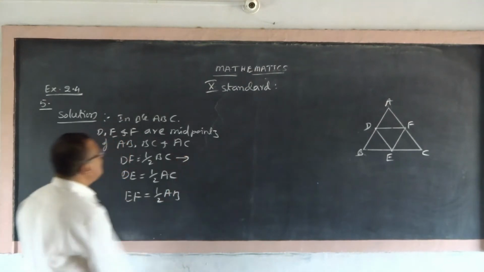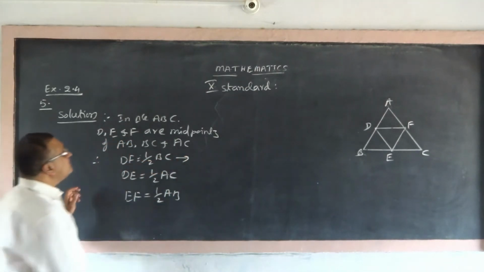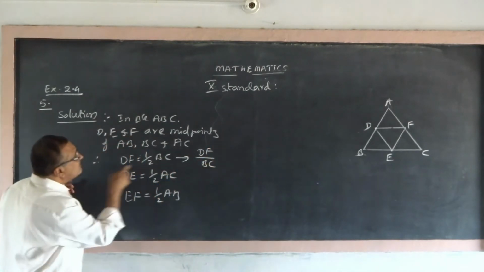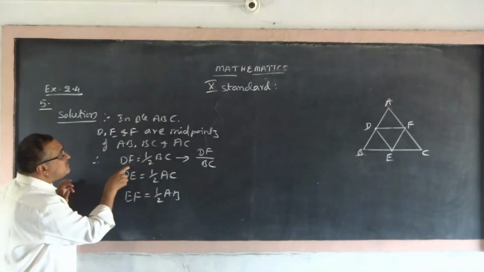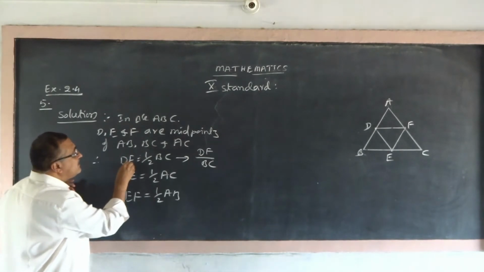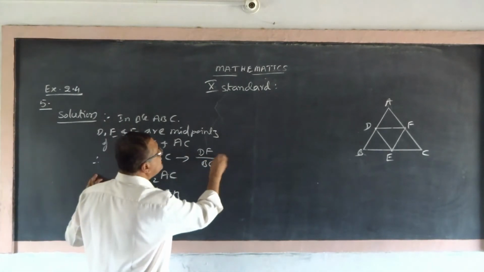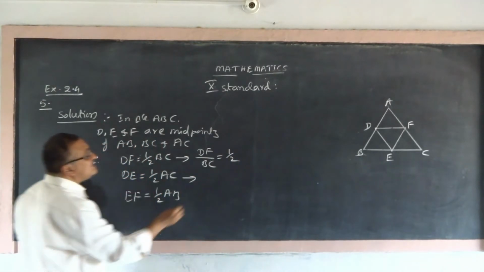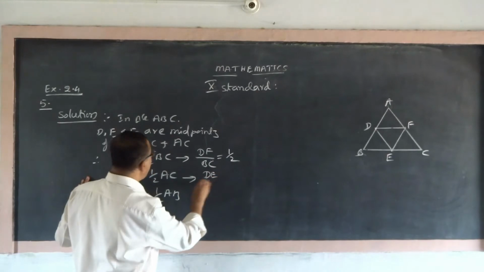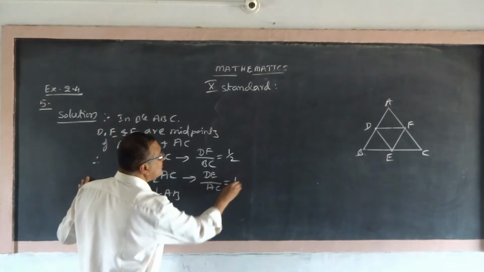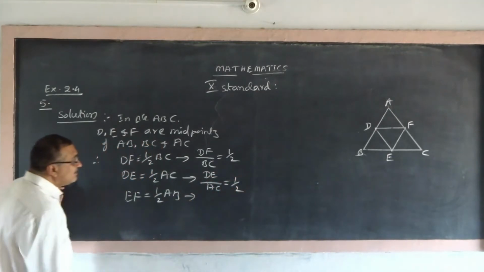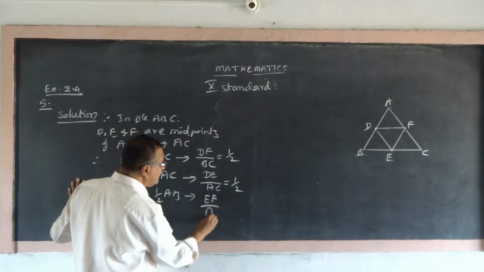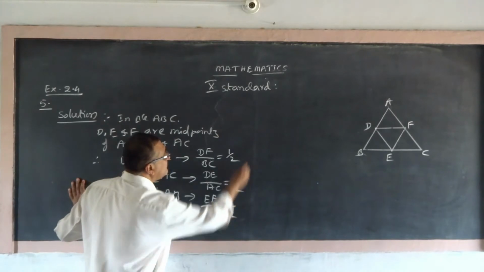If it is so, now cross multiply. DF by BC: BC comes to the denominator of DF, so it is equal to half. Next, cross multiply AC, then DE by AC is equal to half. Next, cross multiply AB, here EF divided by AB is equal to half.